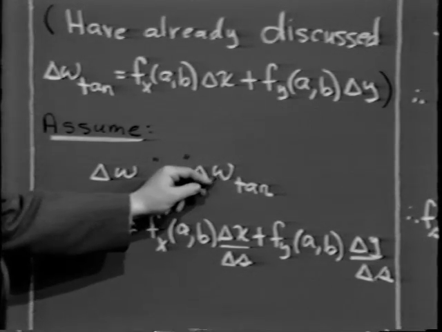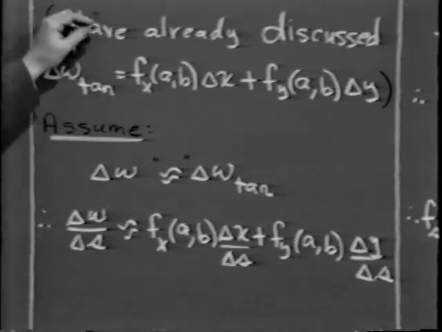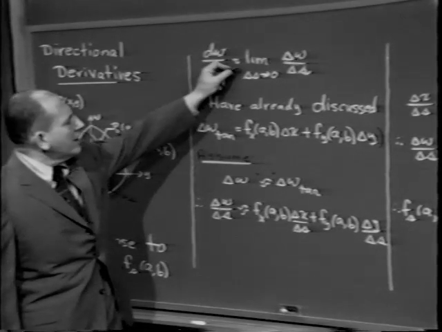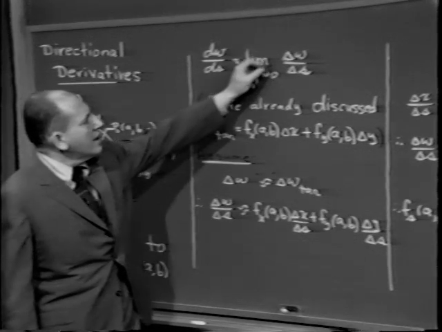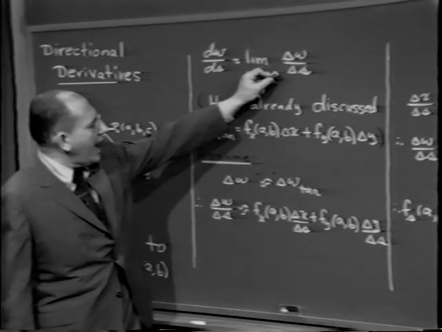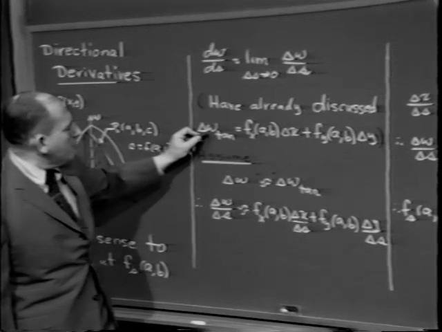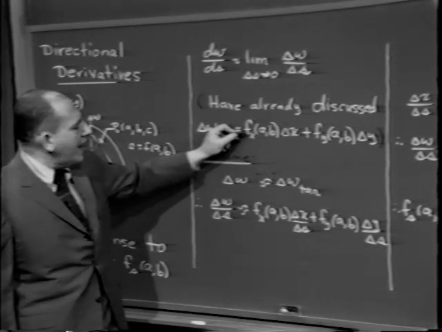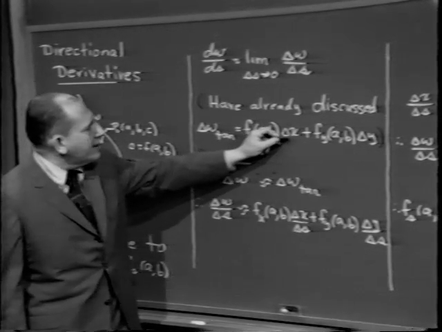If we do that, and we go back to our definition for dw/ds, namely the limit as delta s approaches 0 of delta w divided by delta s, we now replace delta w by delta w tan and divide through by delta s.